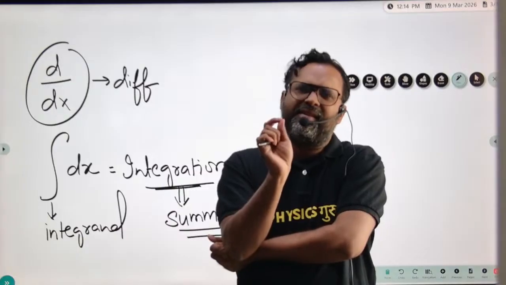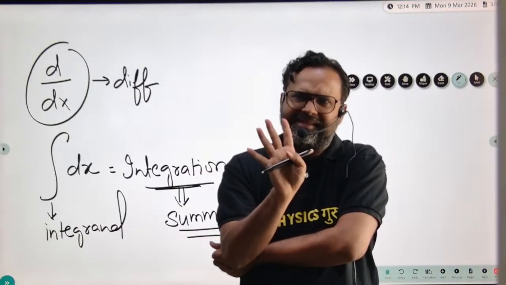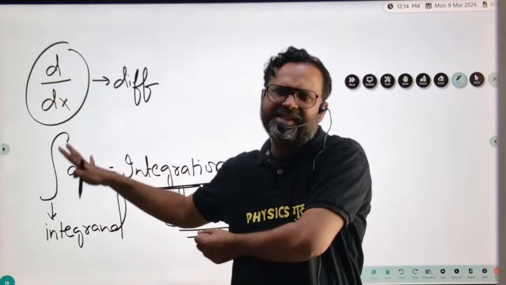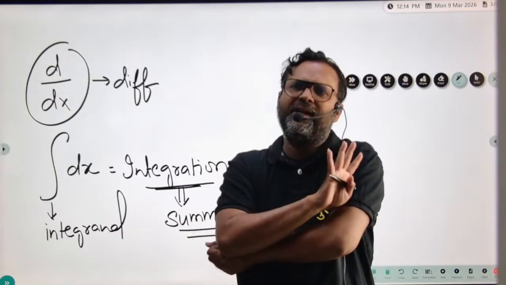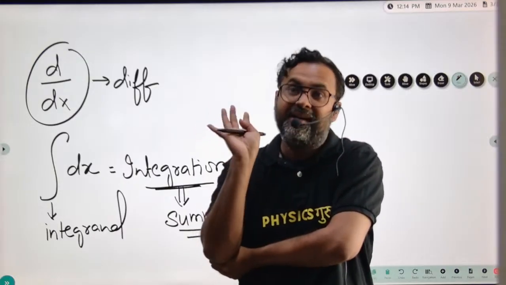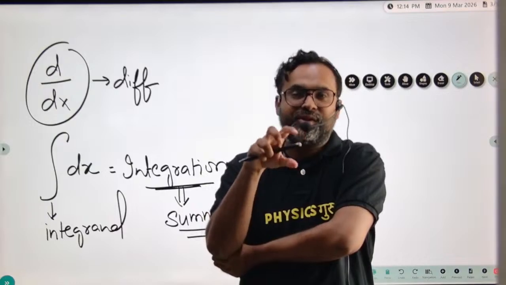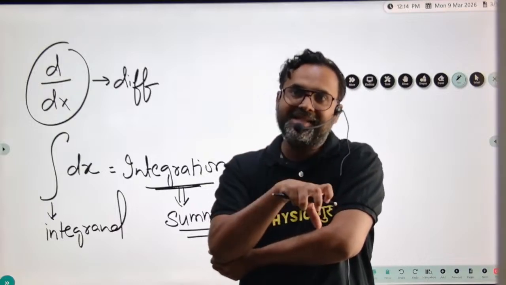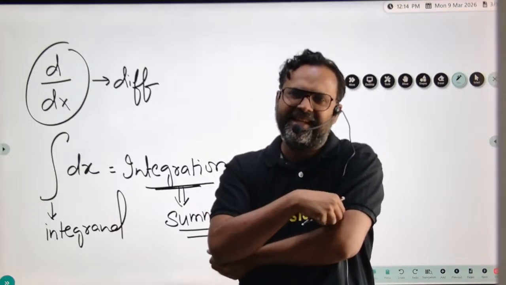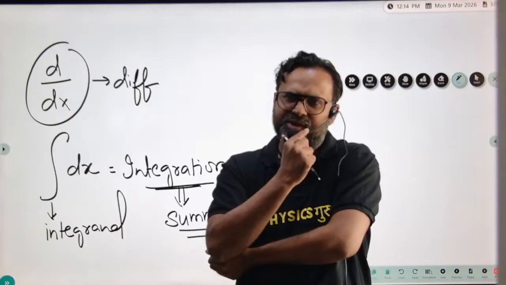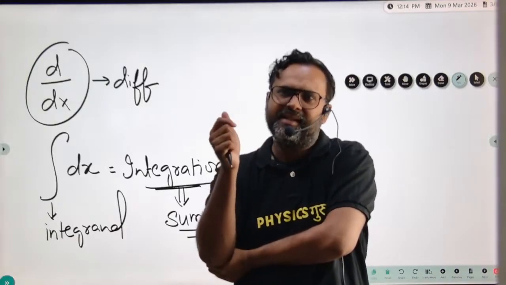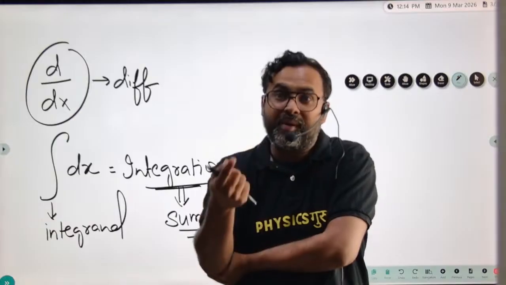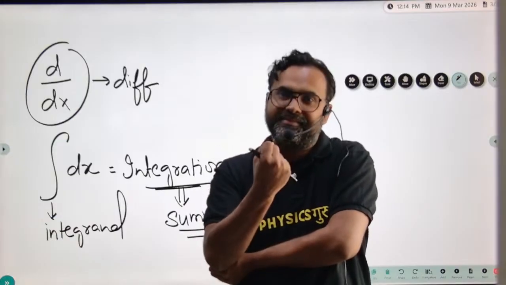So I will be using a very small two or three formulas from calculus, differentiation as well as integration, because I will be needing only these two formulas, that's all. Not in depth. But when you study the same chapters for maths, it is in great depth. I will be using only those formulas that we generally use to solve problems regarding velocity.